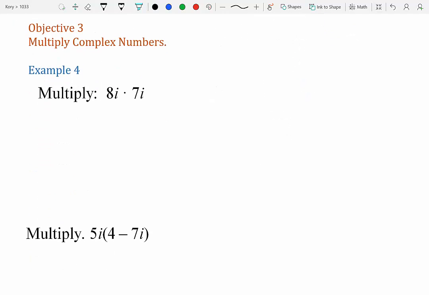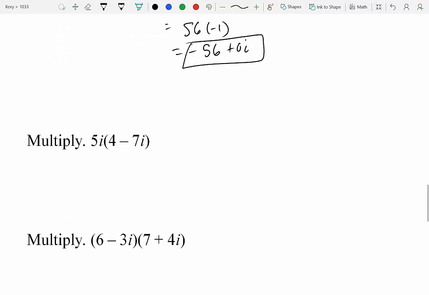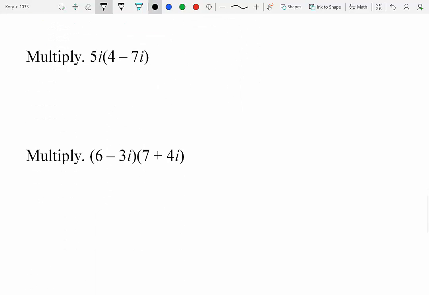Multiplying complex numbers. Numbers with numbers, i's with i's. So we have 8 times 7, which is 56. And then i times i is i squared. But we know i squared is -1, so we have -56. And it needs to be in standard form, so 0i. Next, we're going to distribute the 5i.